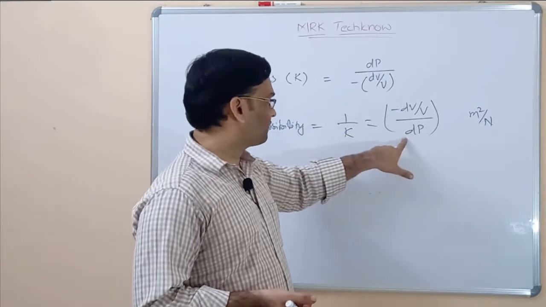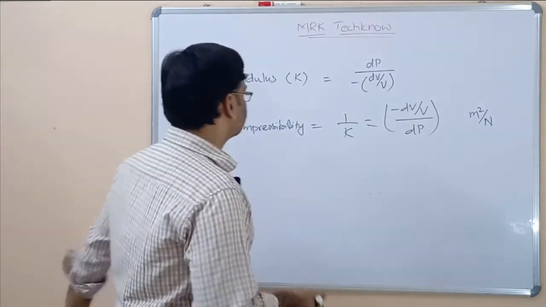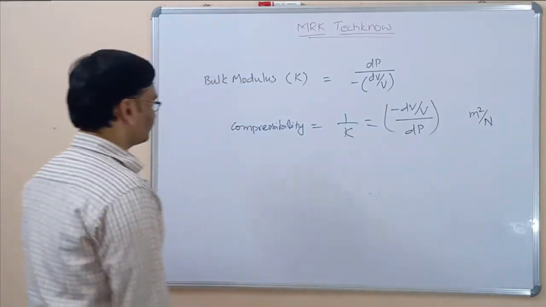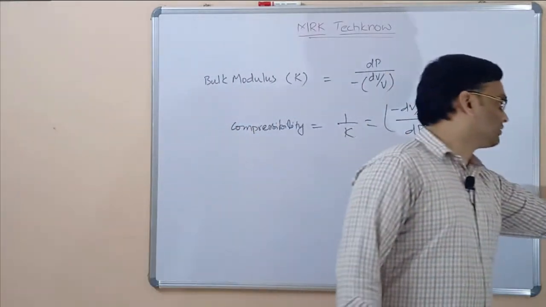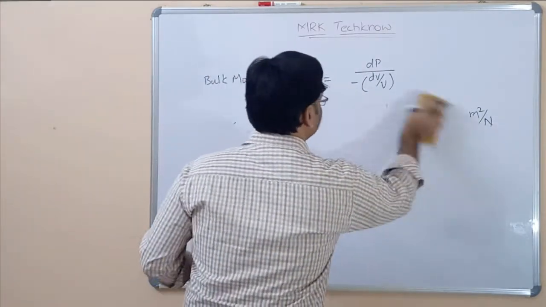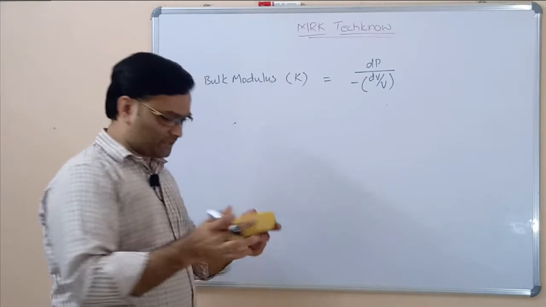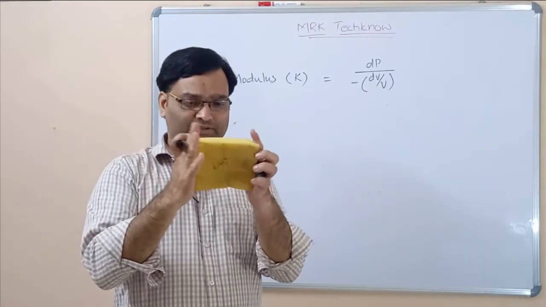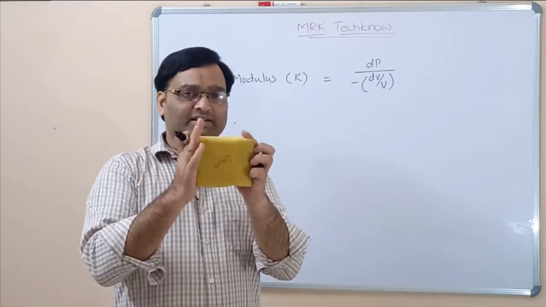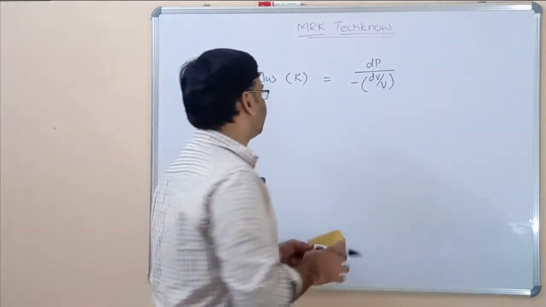So on application of some pressure there is a decrement in volume, because of which we have got the negative symbol. So that's the explanation for the negative symbol. It's a practical application. Whenever you apply, take this duster, I am applying some force, some pressure. On application of pressure, its volume is decreasing. So decrement in volume is the negative symbol.